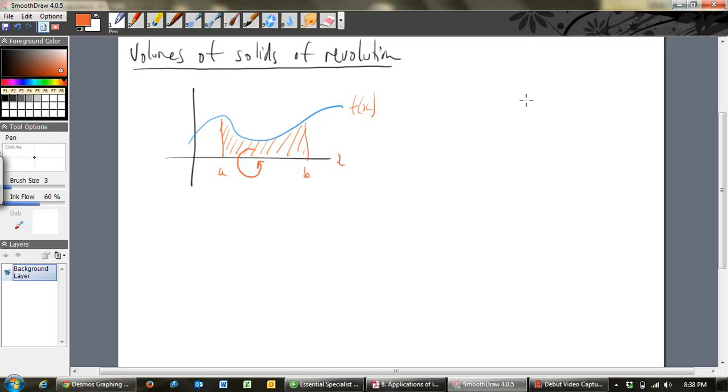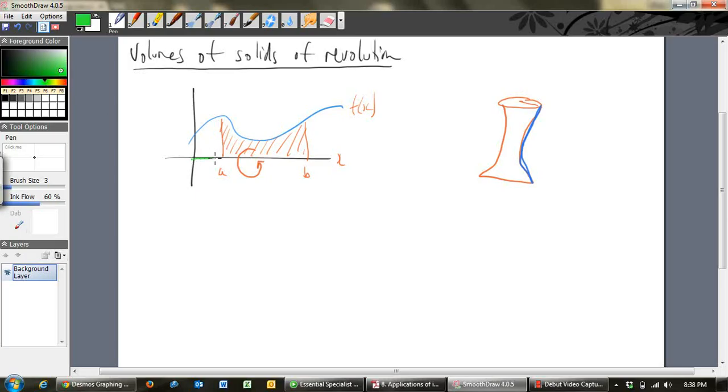shape. And I'll try to draw what it will look like. It will look like this, and it will go in and go out like that. It's pretty bad, but what you can see is that it is being rotated. This is your function here, and this is the x-axis.